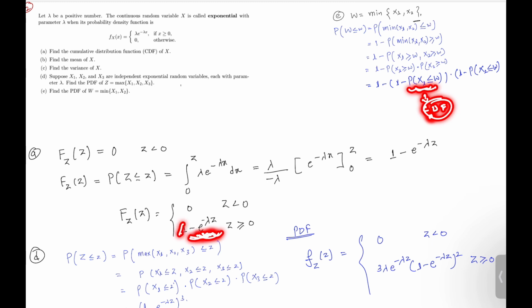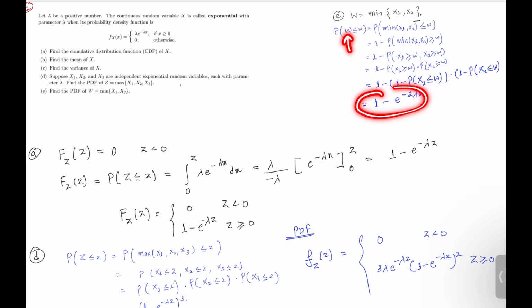From here we get e to the power minus lambda w, and from the other factor also e to the power minus lambda w. So overall it is 1 minus e to the power minus 2 lambda w.